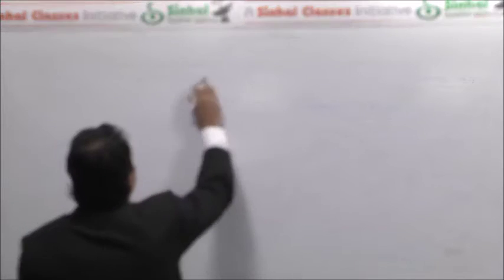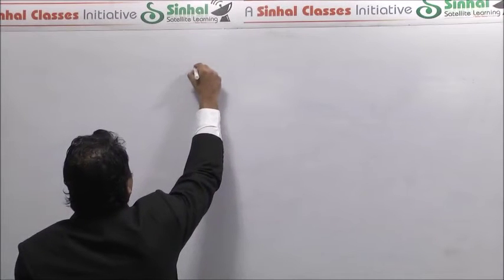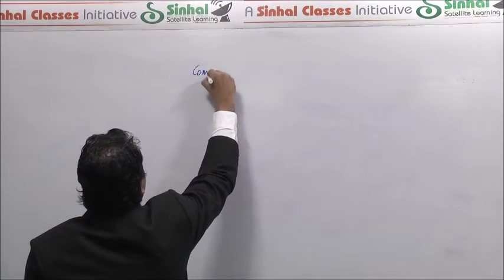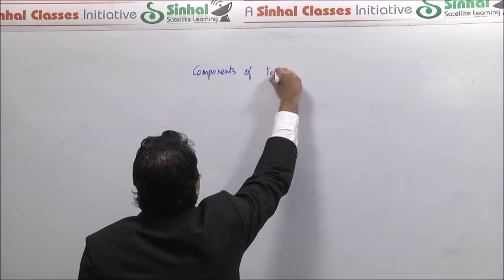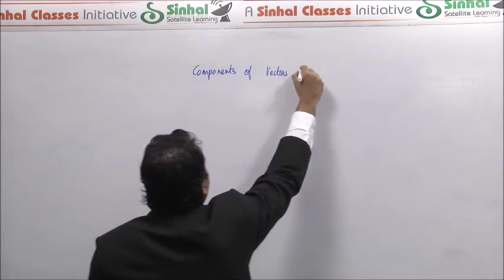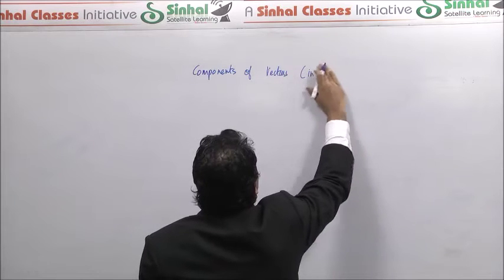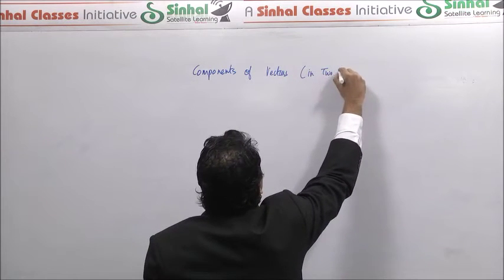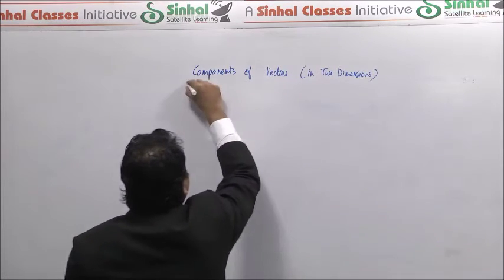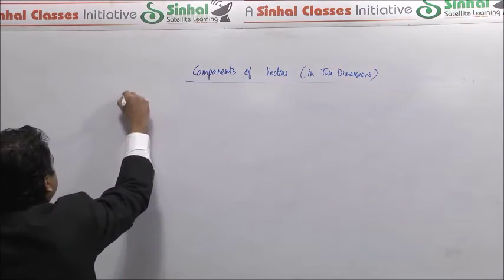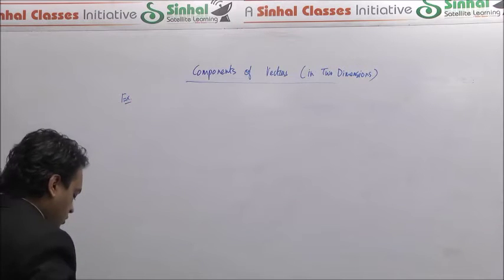So let's understand examples in a two-dimensional system. Let's see.